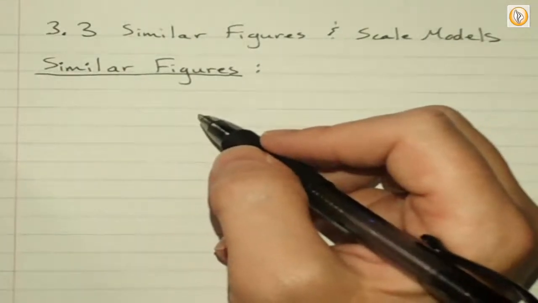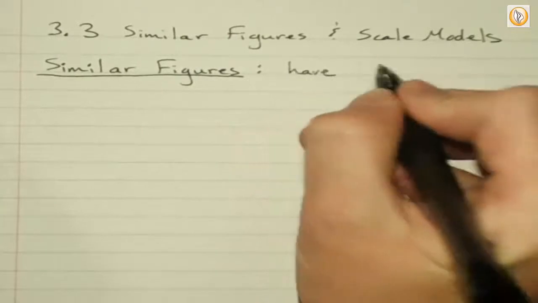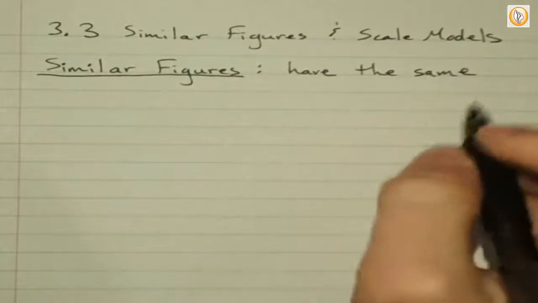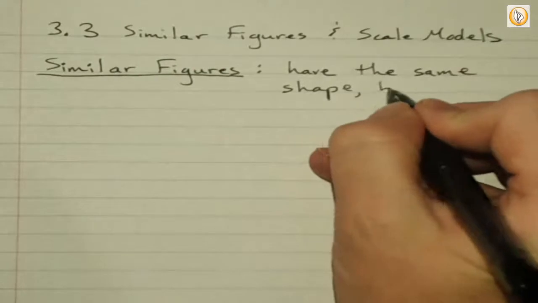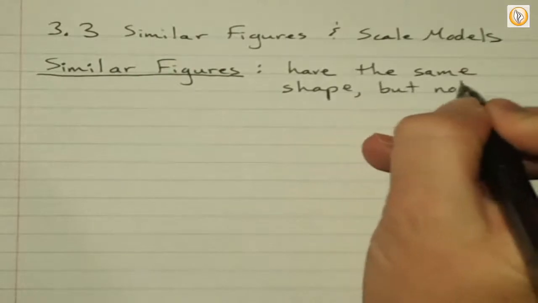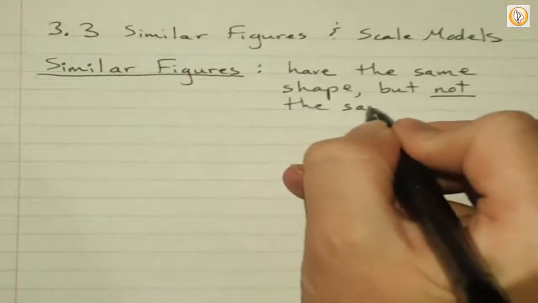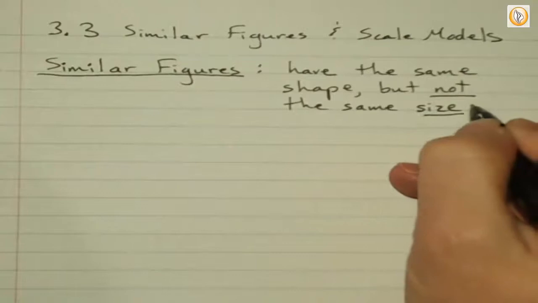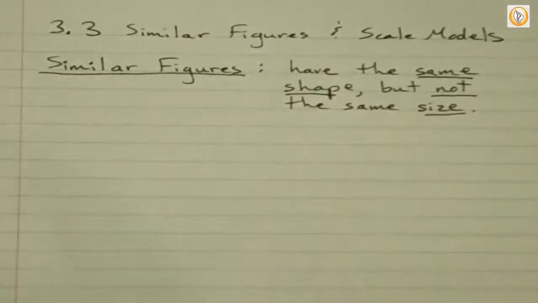You need to know what similar figures are. This is important. They have the same shape, but not the same size. Same shape, but not the same size.